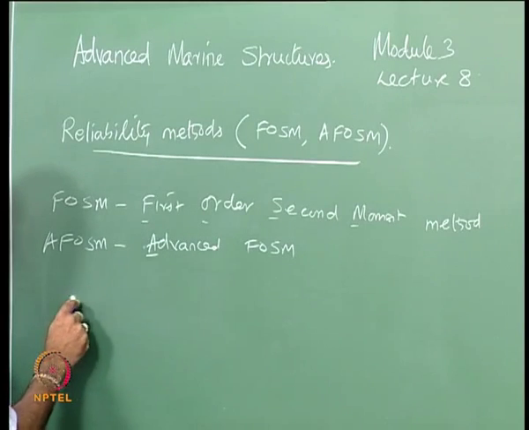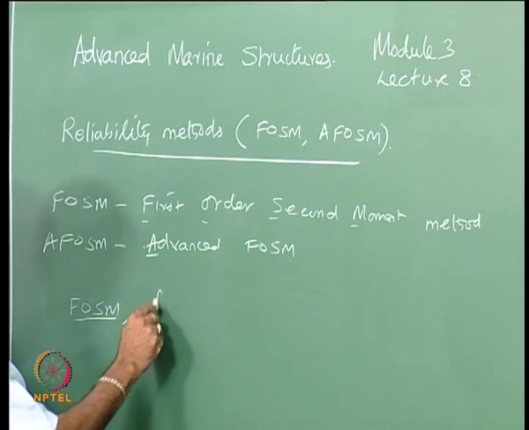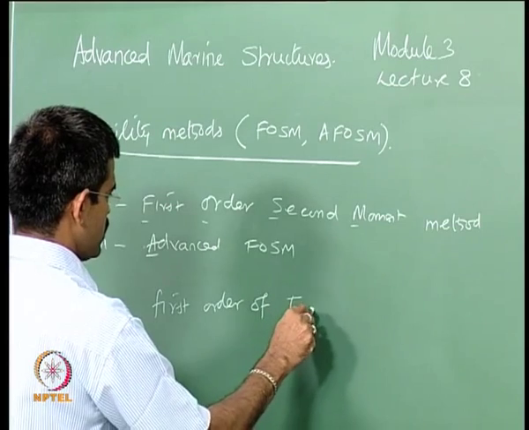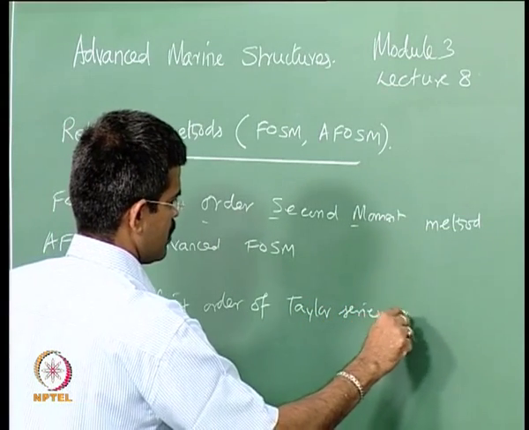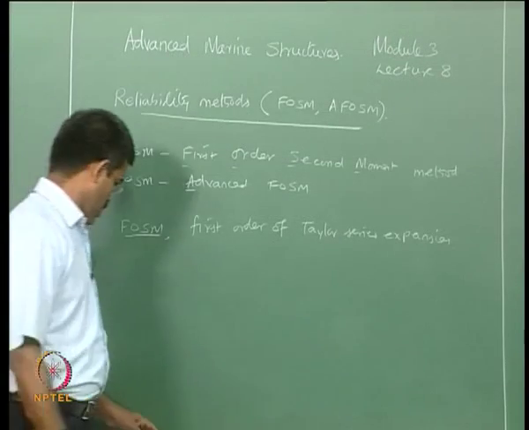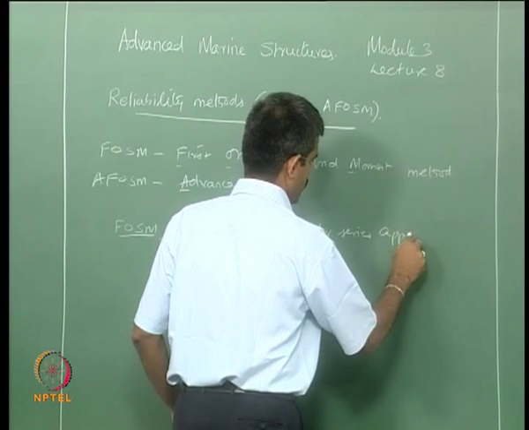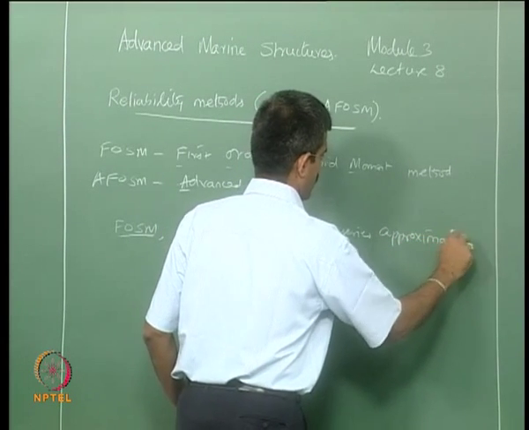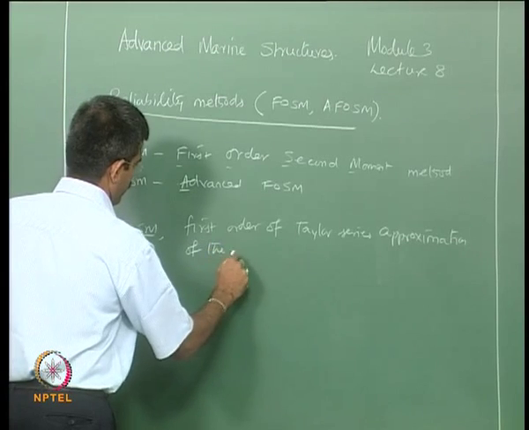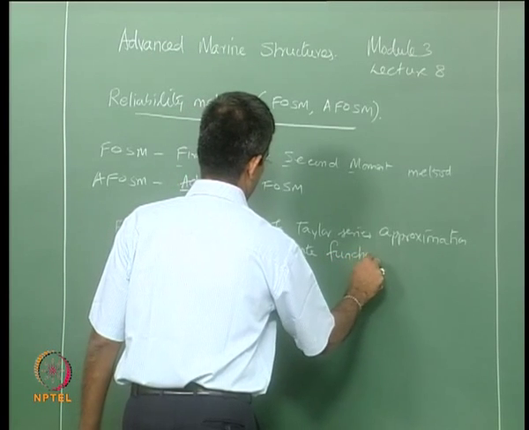Now, in the first order second moment method, the first order of Taylor series approximation, not expansion, of the limit state function is used.